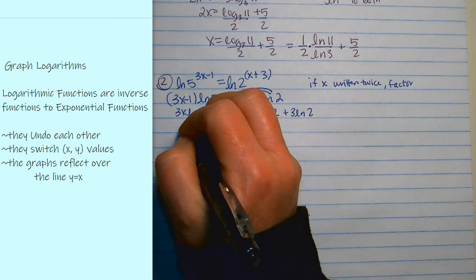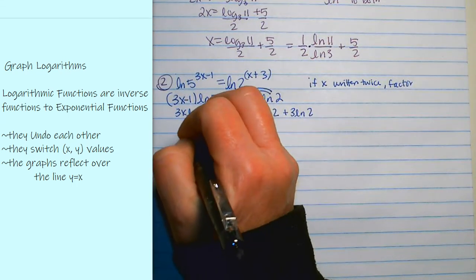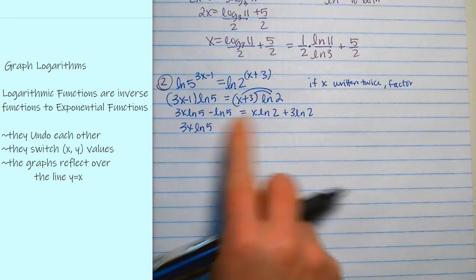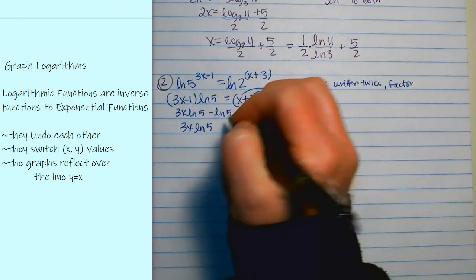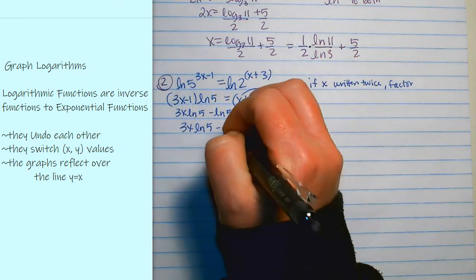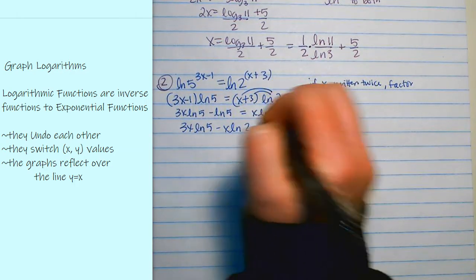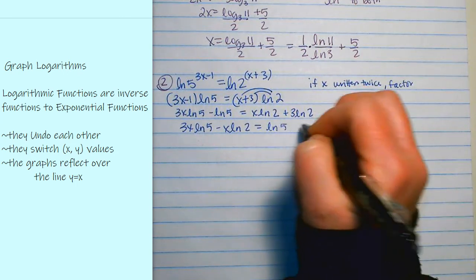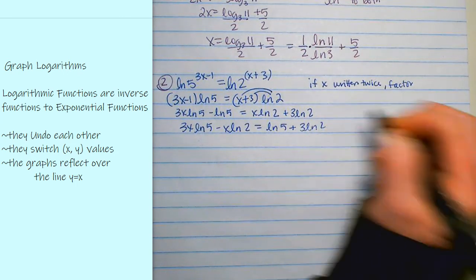So I'm going to say I have 3x natural log of 5, this stays on the left. I'm going to put x natural log of 2 on the left, so it'll be negative x natural log of 2. I'm going to move natural log of 5 over here, so it's positive: plus 3 natural log of 2.